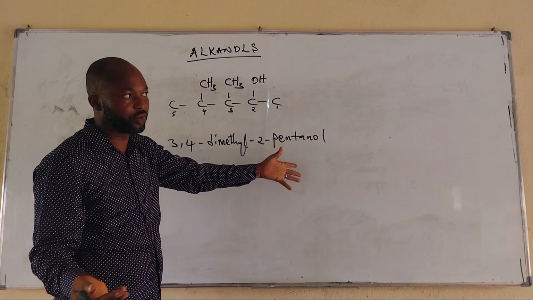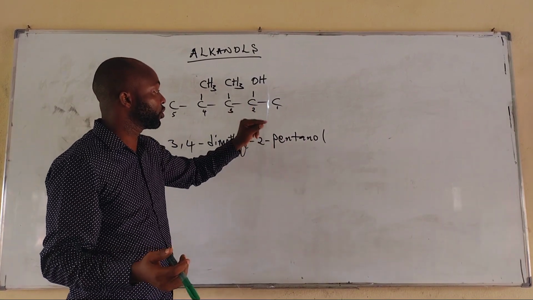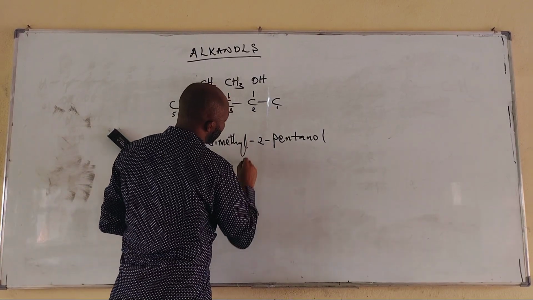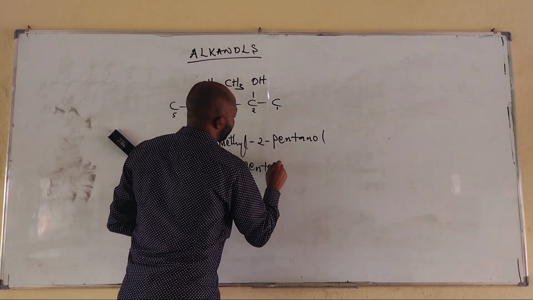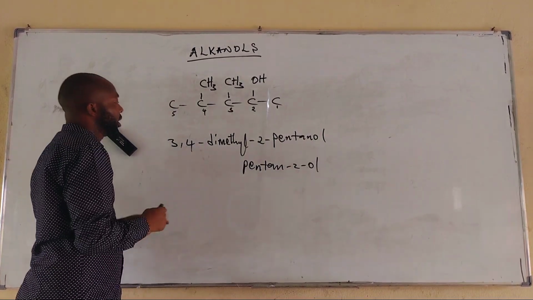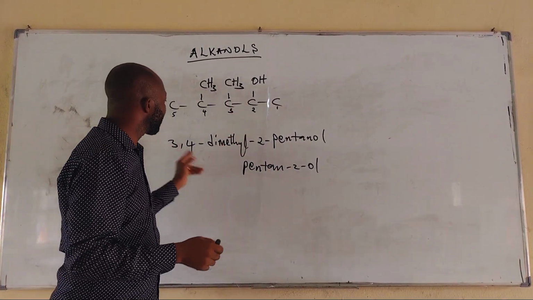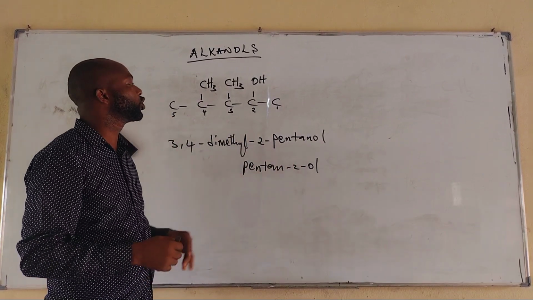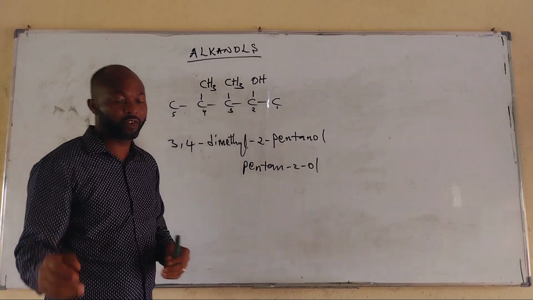It's another way, if you like it that way, methylpentan-2-ol. So either way, we can still go with it: 3,4-dimethylpentan-2-ol or 3,4-dimethyl-2-pentanol. So any of that.